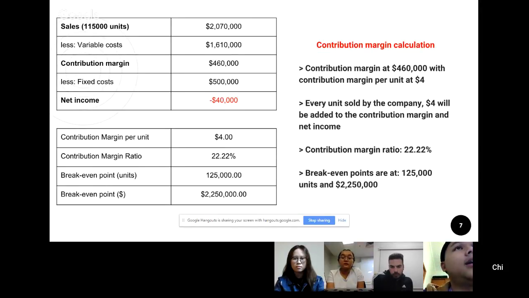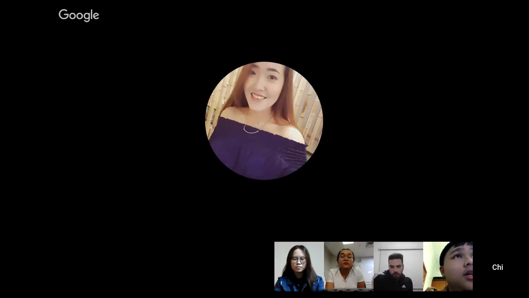The next thing is calculating the contribution margin. This is the contribution margin table. The contribution margin is calculated by taking the sales minus the variable cost. It shows the amount of leftover revenue available to cover the fixed cost, which gives us 460,000.